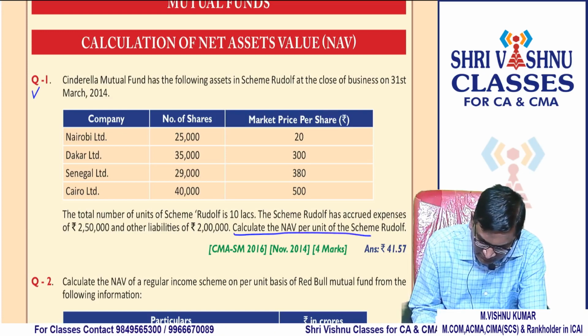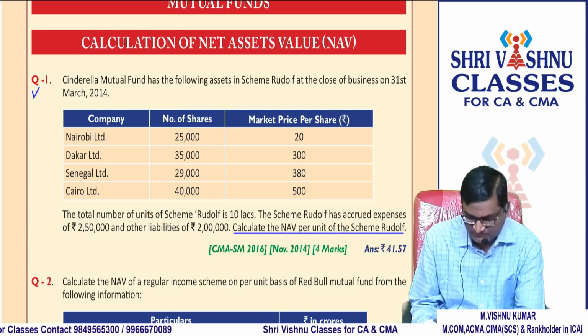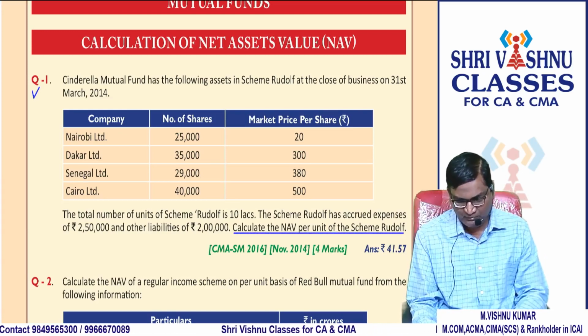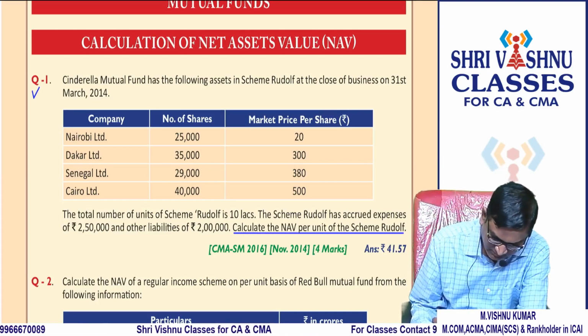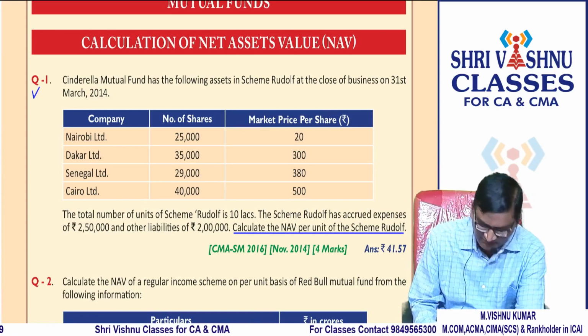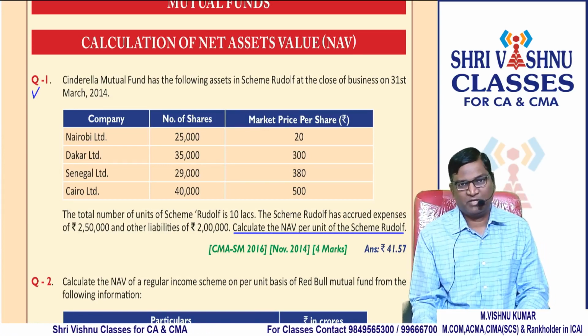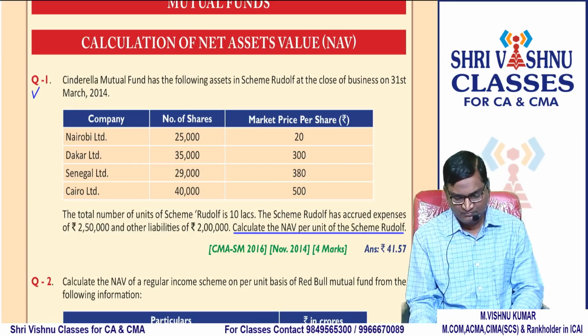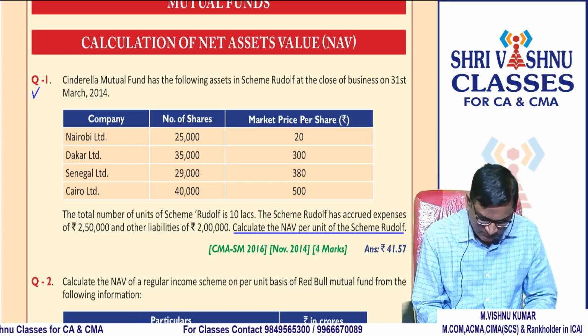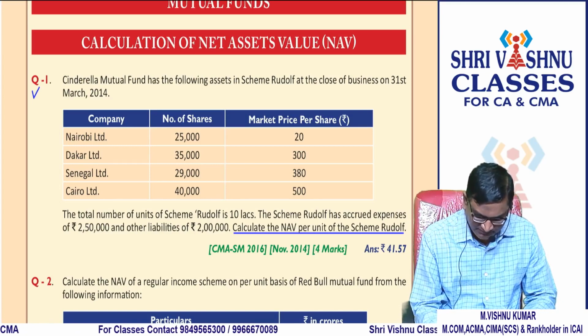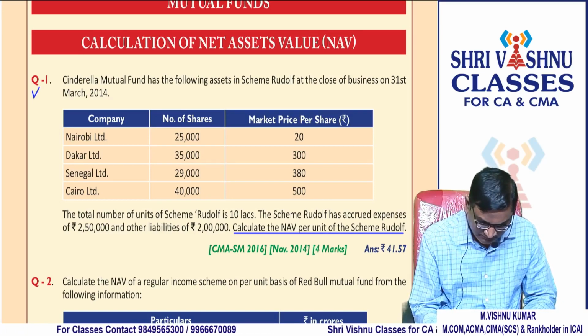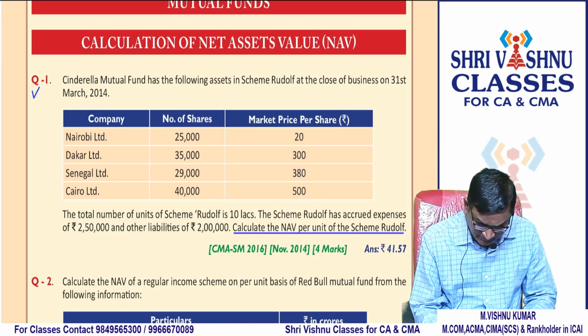So you have to calculate the net asset value per unit, NAV per unit. Very simple. Whenever we calculate the net asset value, first we have to calculate the market value of portfolio. Cinderella Mutual Fund Company has invested the money in different company shares: Nairobi, Dhaka, Senegal, Cairo.